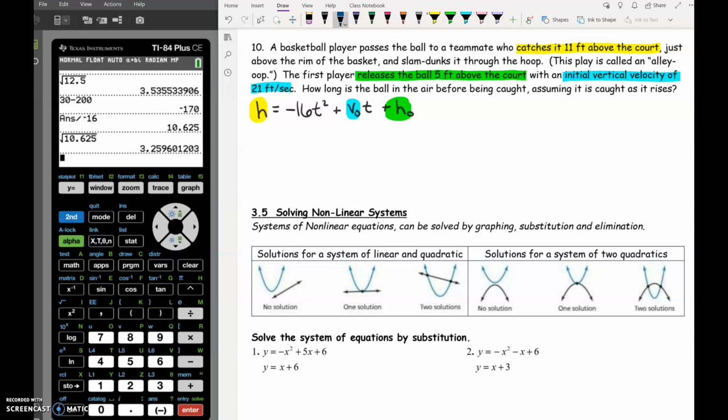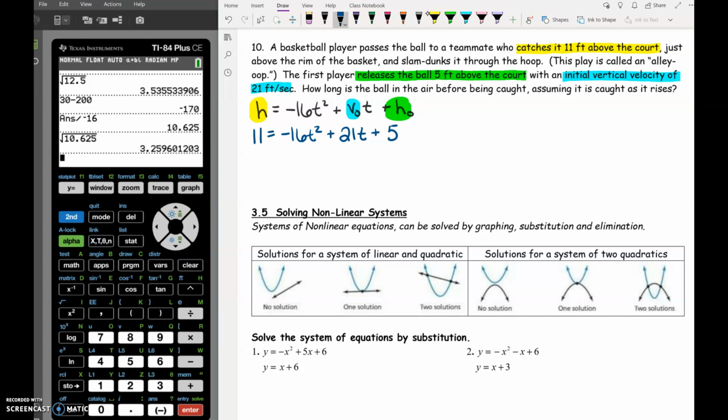Okay, so let's put the numbers where they go. 11 goes in place of H. 21 feet per second goes in place of V. And 5 goes in place of H sub 0. Okay, we need to use the quadratic formula on this because we have t squared and t. But first we need equals 0.